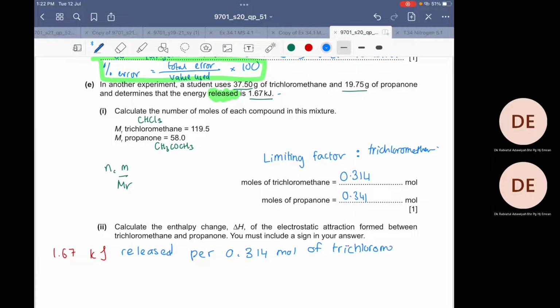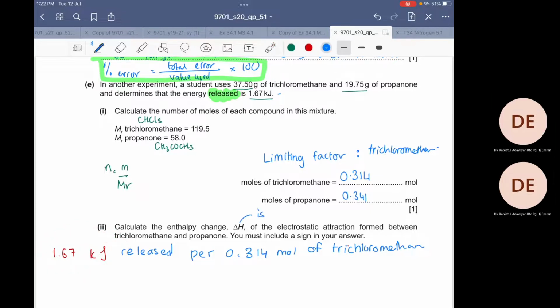Trichloromethane. So we read this statement again. In an experiment, the student used 37.5 grams, which is 0.314 moles of trichloromethane and 0.341 moles of propanone, and determines that the energy released is 1.67 kilojoules. So that means the energy released per 0.314 moles of trichloromethane is 1.67 kilojoules.